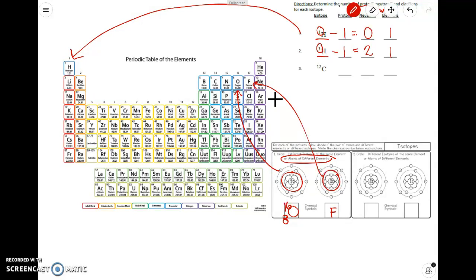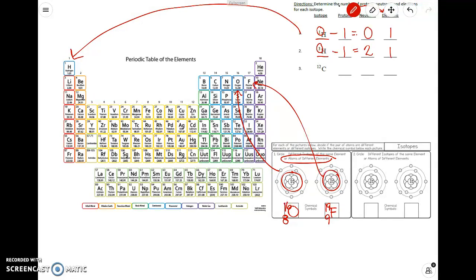Now I have to finish my notation here. So that means that my mass number is going to be 9 plus 10. So I have 19. And my atomic number, which is going to go at the bottom, is 9.